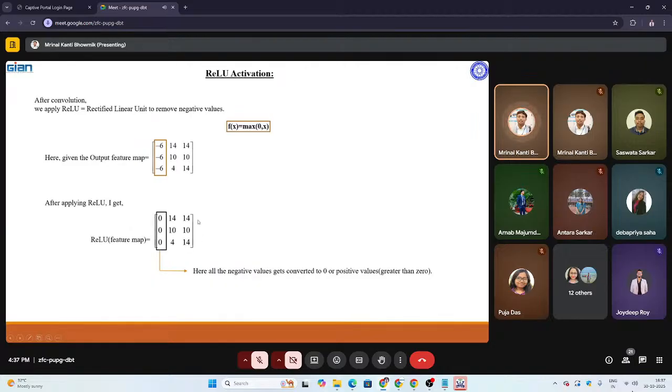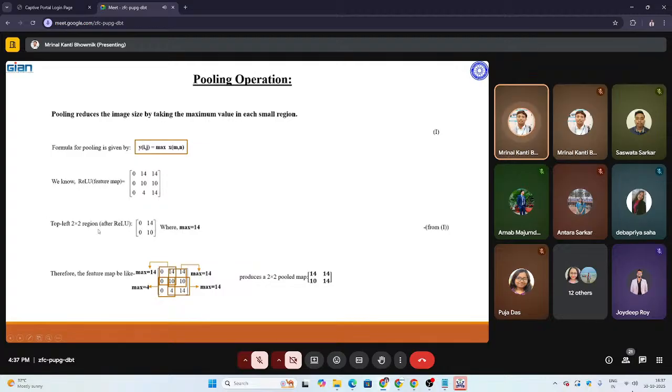That is the output. So the top left region, that is the first part. From this part, the maximum value is 14. If we see this first 2 by 2 part, we get the maximum value 14, because in the pooling operation it just takes the maximum value from the 2 by 2 matrix.